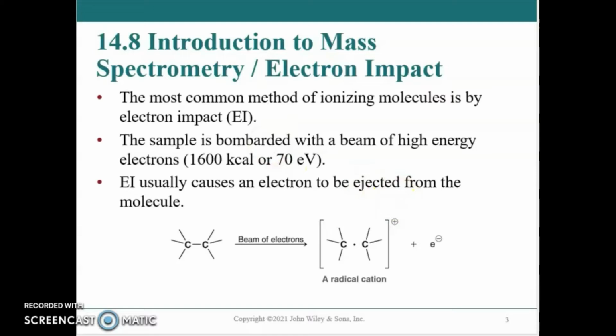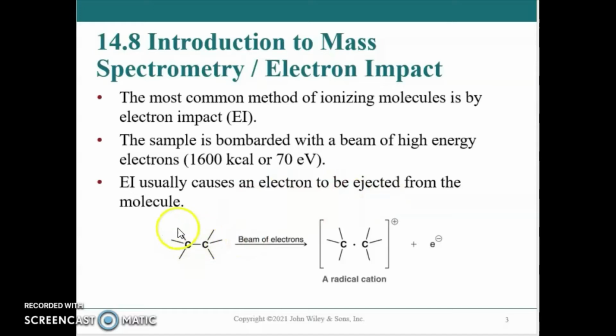It's probably a little more complex than that, but a sample is vaporized in a chamber that is at high vacuum or very low pressure, so there are very few atmospheric molecules for a molecule to bump into. When that vaporized molecule is bombarded with a beam of high energy electrons, usually an electron is ejected from the molecule.